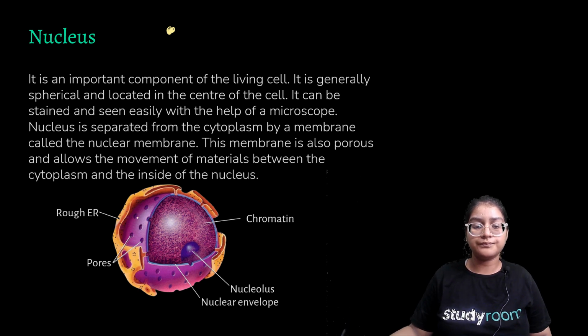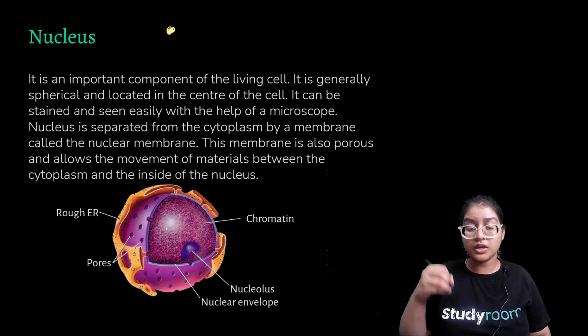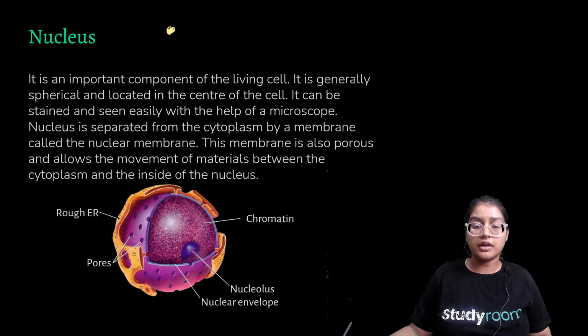You can see here, this is the nucleus. So the nucleus is circular in structure, and we have cut it. So the outermost layer is our nuclear membrane. Then we have the nuclear envelope inside. Inside the nucleus we have the nucleolus, and we have chromatin. Chromatin contains the genetic information.